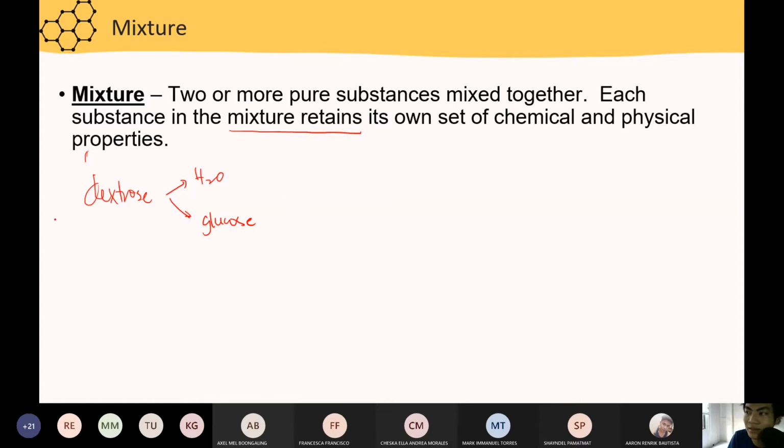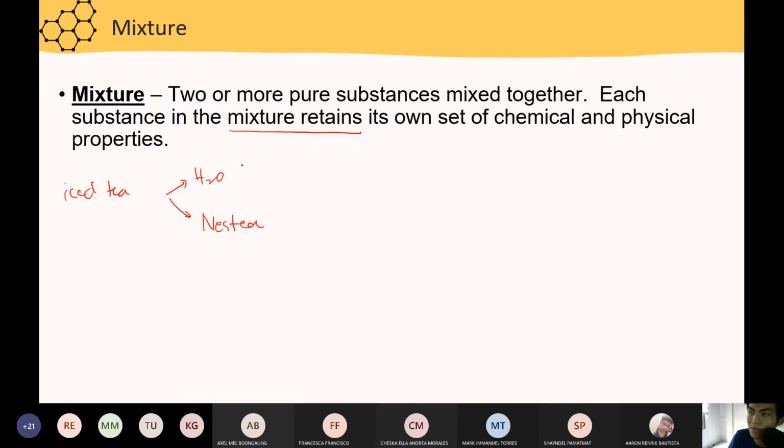The same goes when you prepare iced tea. For example, this is not commercial. When you prepare your iced tea, you just mix water and the powder mix. Water has no taste. The powder is very sweet.